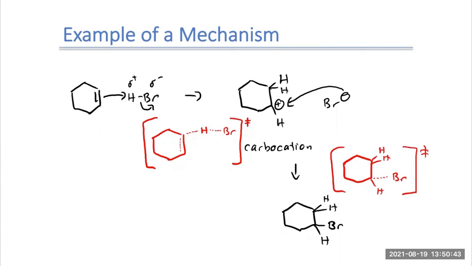So if we look at what we've drawn here, and we want to number it, step 1, 2, 3, 4, and 5. We've drawn 5 different stages of the reaction.